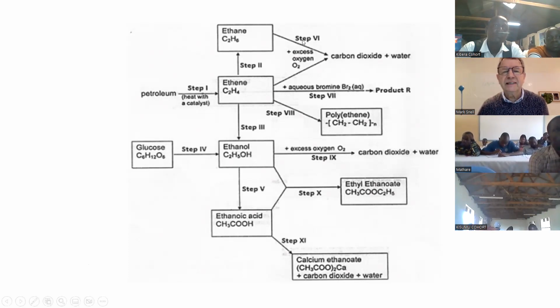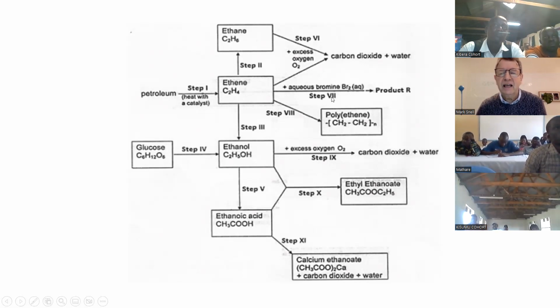Step 5. Step 6 is up here. Ethane excess. Whenever they say excess oxygen, they mean simply combustion. Here's another one down here. There's step 6 and step 9. They're both just burning. Ethane, ethene both burn to give carbon dioxide and water, as does ethanol, as do all of them actually. So that's step 6.